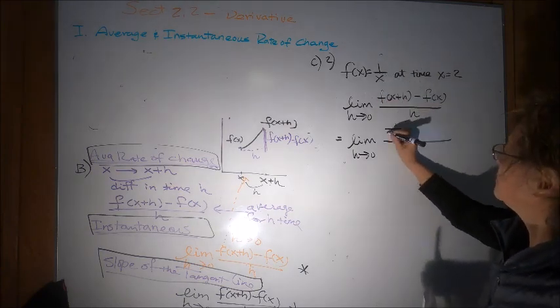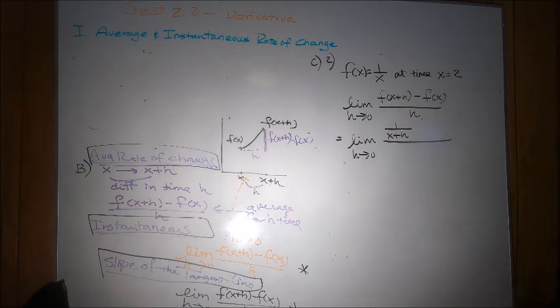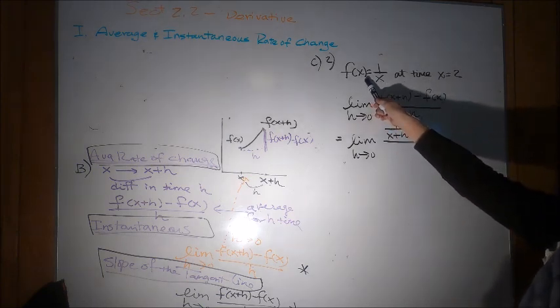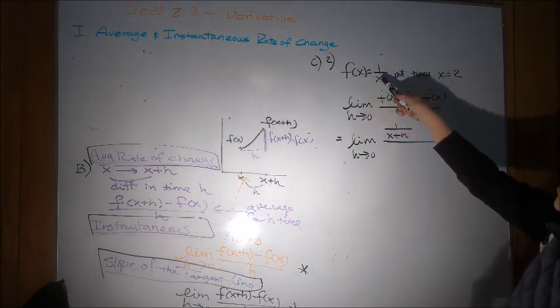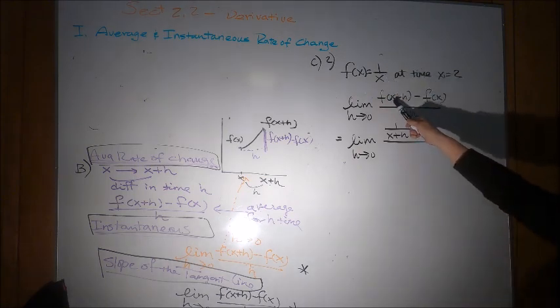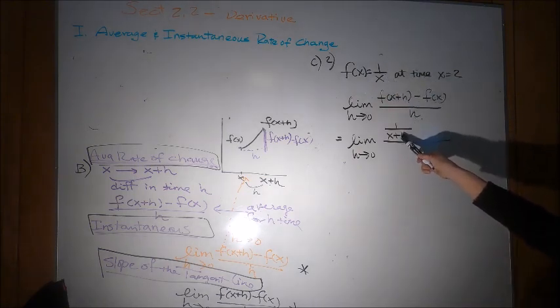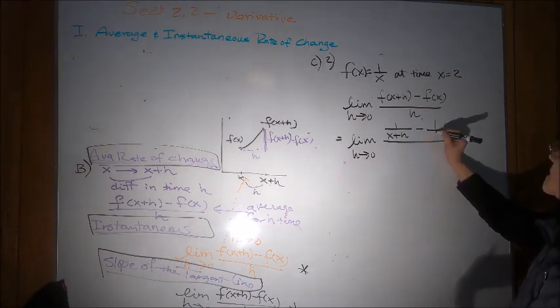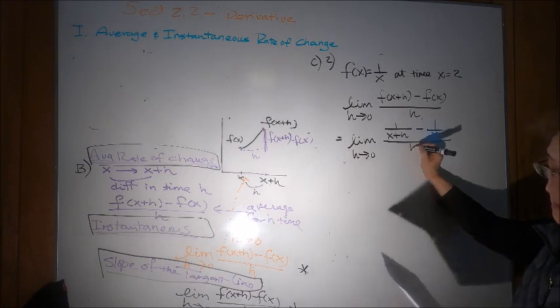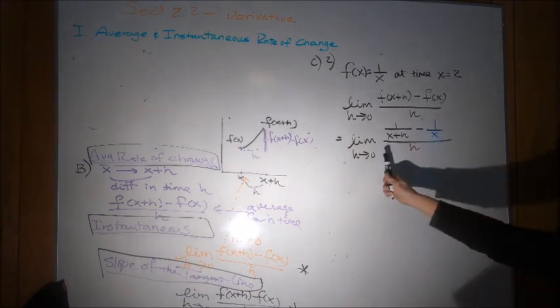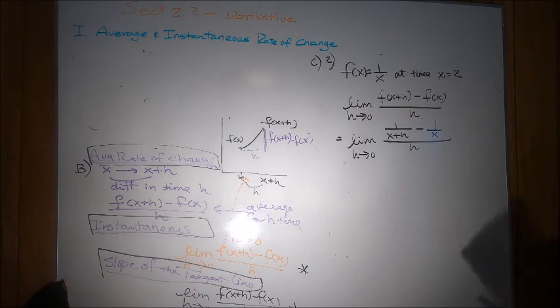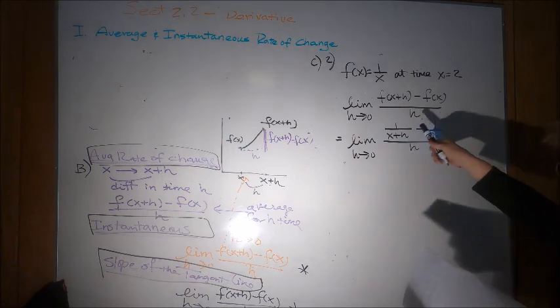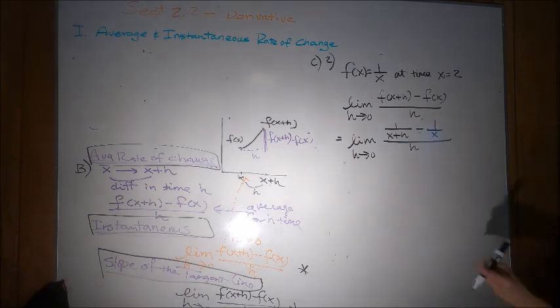F says whatever you give to me, I'm going to do the reciprocal. So you are given x plus h, so you are doing the reciprocal on that. Then minus 1 over x, over h, right? We cannot plug in h. Then what? Let's just simplify it and see if we can get somewhere.